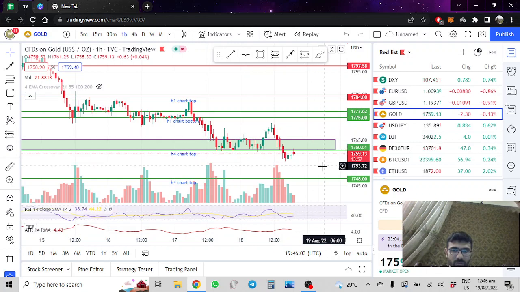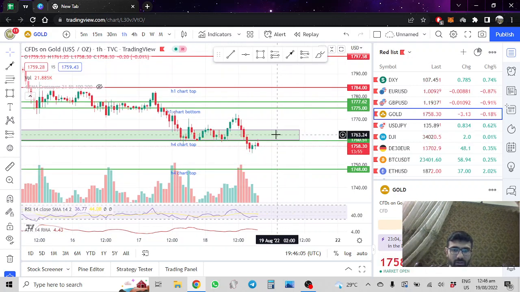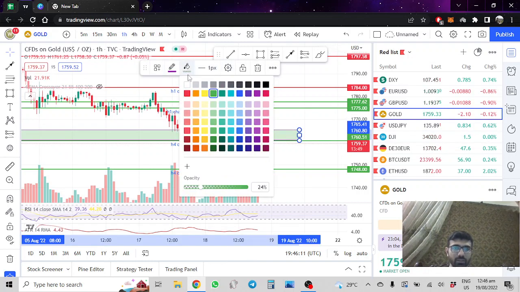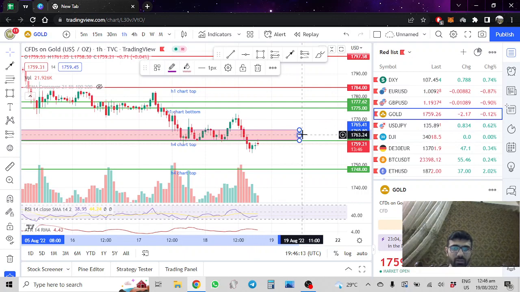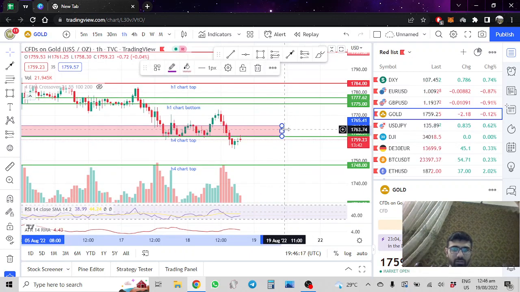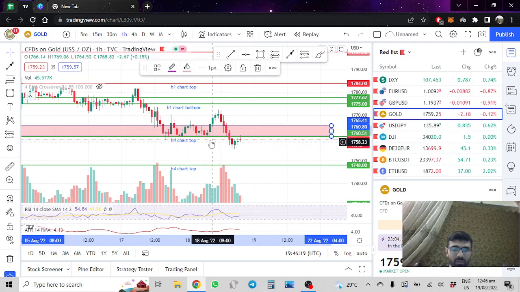This is our area of resistance now. The market will try to break this area, but I don't see it being broken soon, as this support has been broken already.